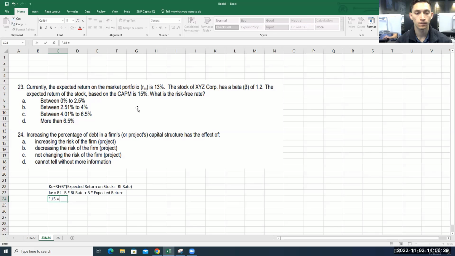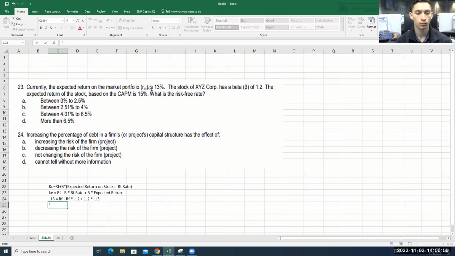That's what we're looking for. So risk-free rate, put that in, plus beta. Here our beta is 1.2. So minus risk-free rate times 1.2 plus beta times expected return on the market portfolio, which is 13.